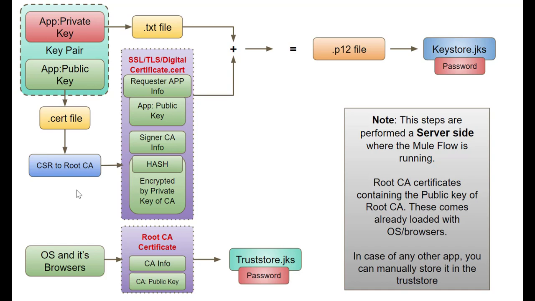It is like, suppose someone believes me and I believe my friend. So as per the rule of dependency, that person is actually trusting my friend, because he trusts me and I trust my friend. So this is kind of root CA and intermediate CA.